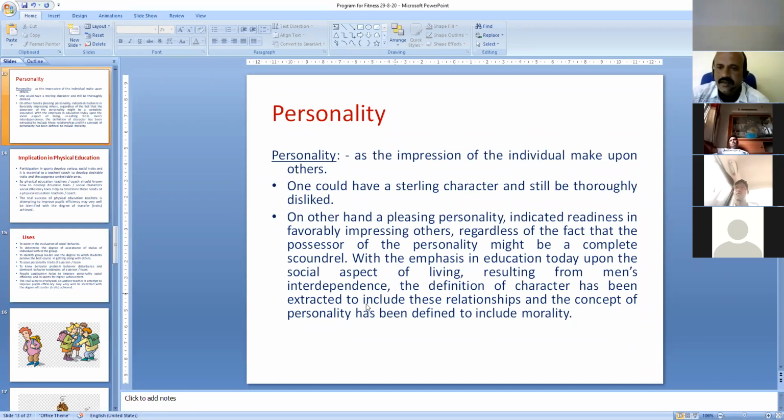In education today, we emphasize the social aspect of living resulting from men's interdependence. The definition of character has been extended to include these relationships, and the concept of personality has been defined to include morality. So here, personality also has an important role.